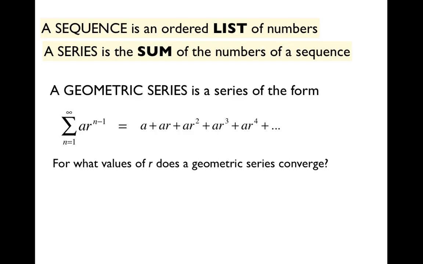So all that stuff you learned about sequences, you have to retain it, because we're going to use all that stuff in series. So the geometric sequence converged when r was between -1 and 1, right? When you kept multiplying a fraction by itself, you kept getting closer and closer to 0, and so it converged to 0.